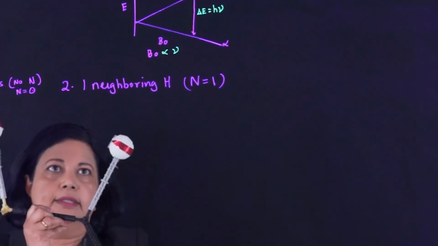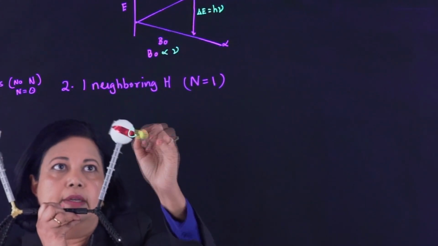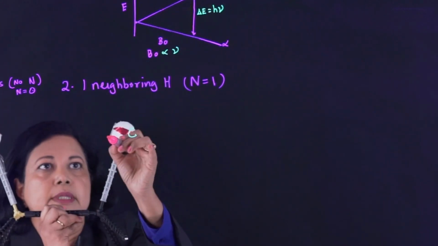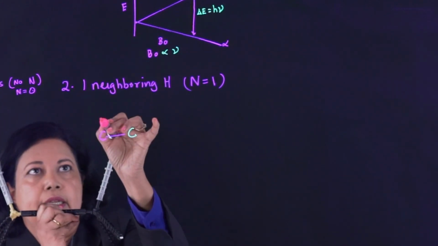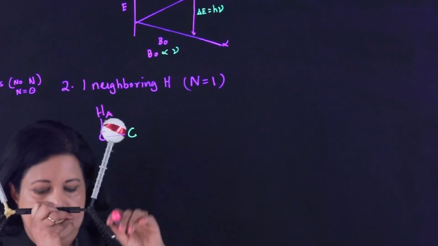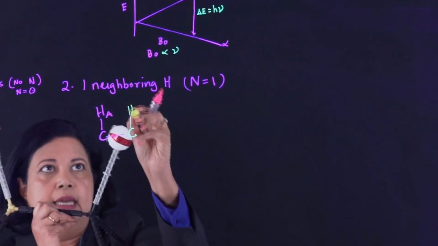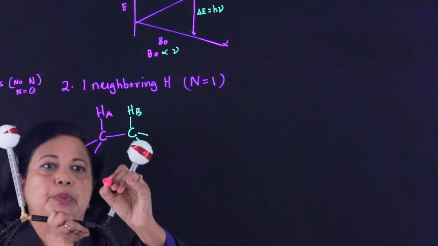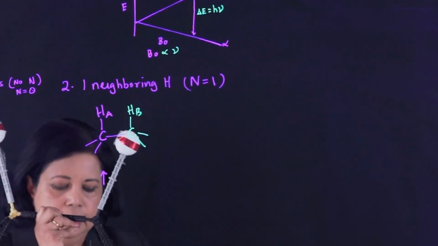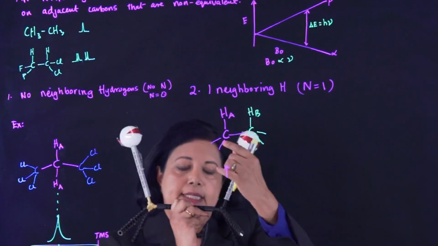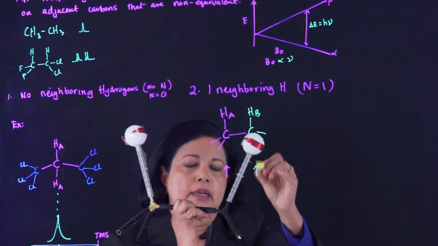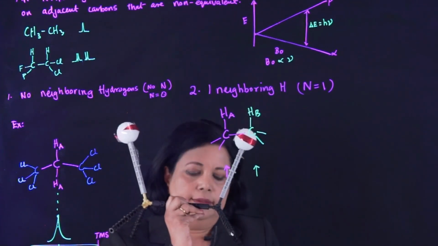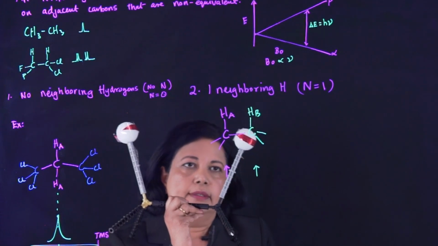So let's draw this out. So here is a carbon. This is your B carbon, let's say. And let's say this is your original carbon. And here is a hydrogen, HA. And this is HB. So let's say when HA is going in one direction, and we will put that as that, HB can be going in the same direction, and therefore it's going to enhance the frequency of absorption.